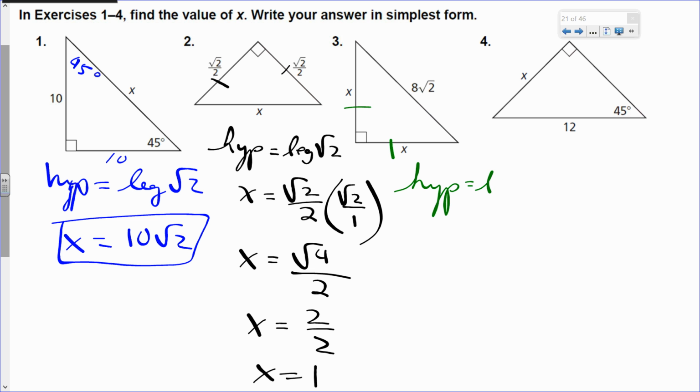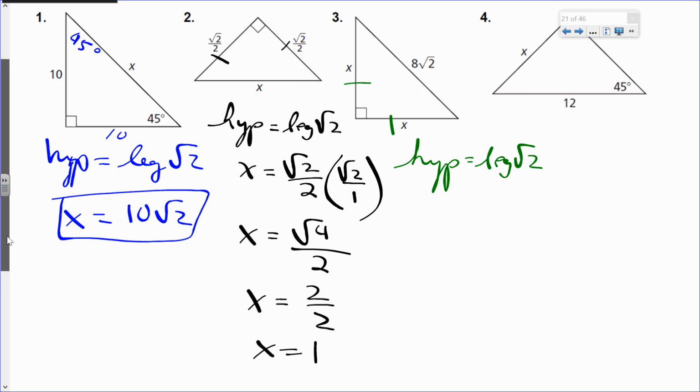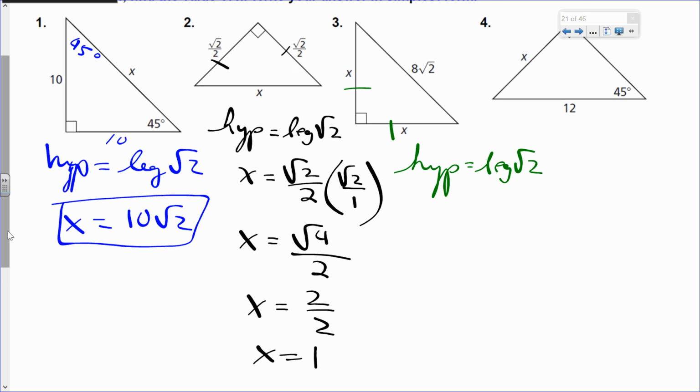Hypotenuse is leg times rad 2. What's my hypotenuse here? Let's do it. So I'm going to replace hypotenuse now with 8 rad 2 equals my leg, which is x in this case, times rad 2.